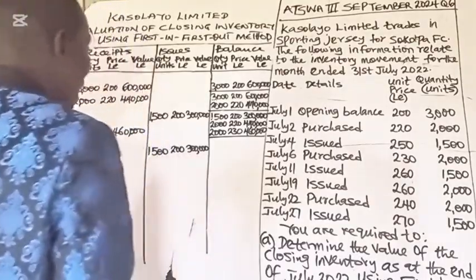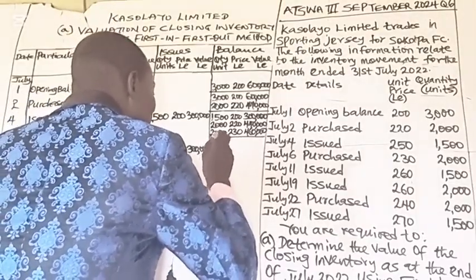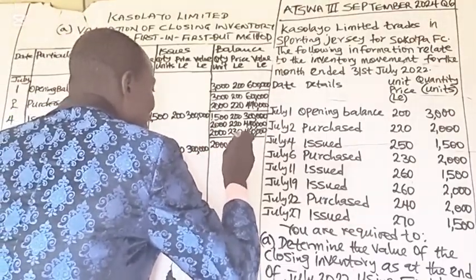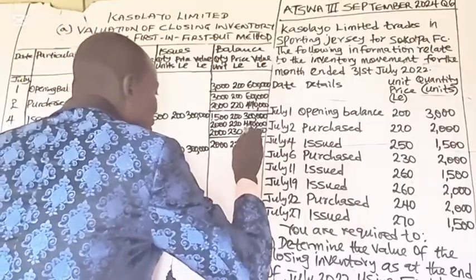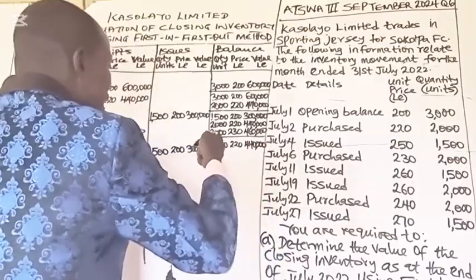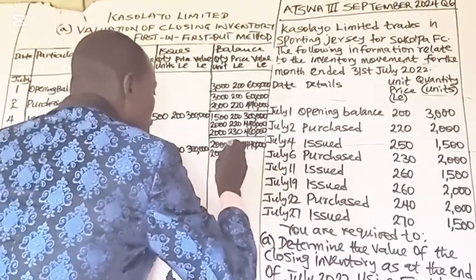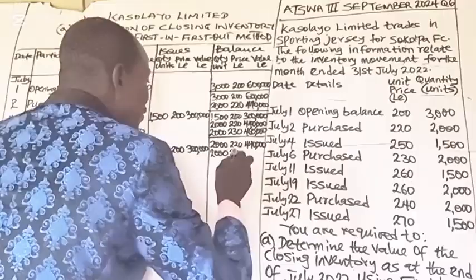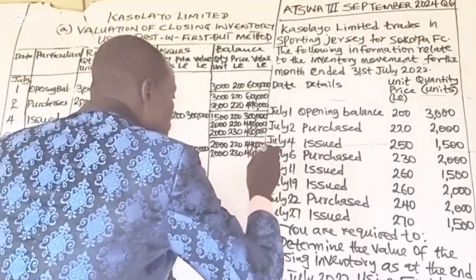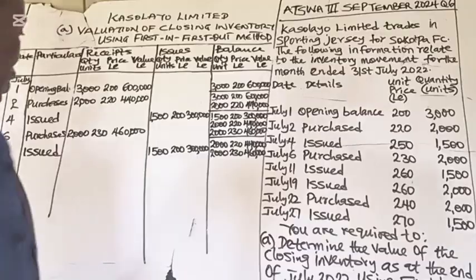So the only ones you are left with in the store are 2,000 at the price of 220, which gives us 440,000, and another 2,000 at the price of 230, and the value of that is 460,000. Now, that is July 11th.